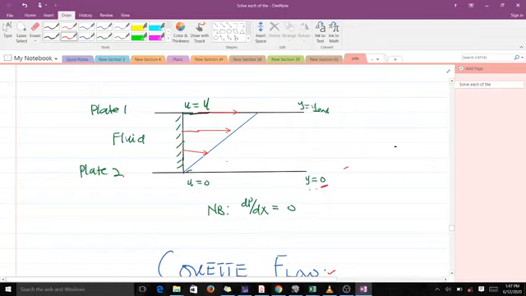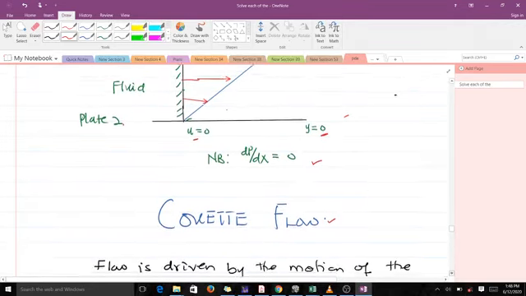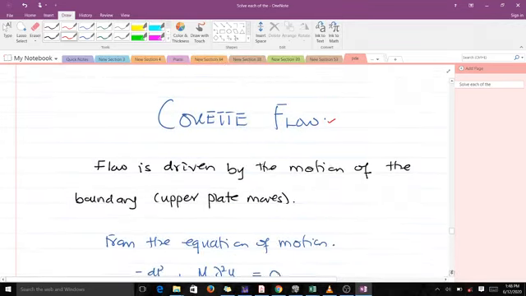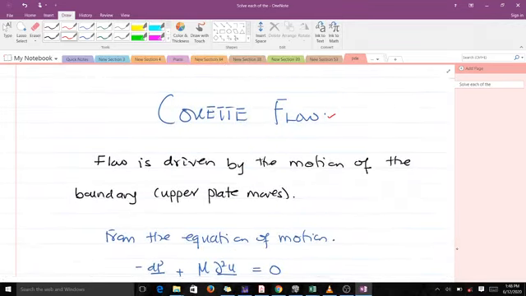At the starting point, our velocity is 0, but at y_n, the velocity is equal to some U. In the case of the pulsate flow, the fluid was driven by the pressure gradient, but here the pressure gradient is 0 because the fluid motion is driven by the movement of the upper plate. So the Couette flow is driven by the motion of the boundary, the upper plate moves. That's the most important thing.